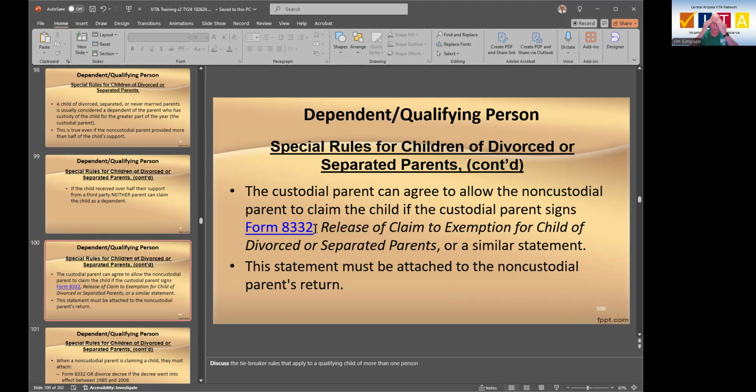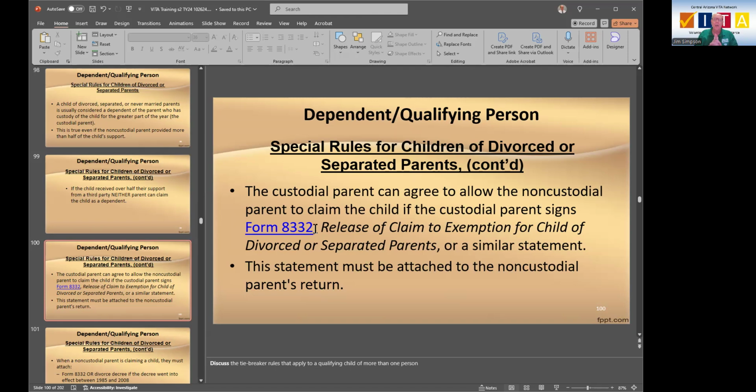The non-custodial parent keeps that copy, and every time they file the return, they attach that copy to the return. Or they might say, this is for 3 years or whatever, so that the non-custodial parent doesn't have to hassle the custodial parent every year.